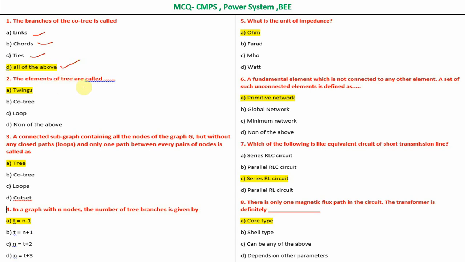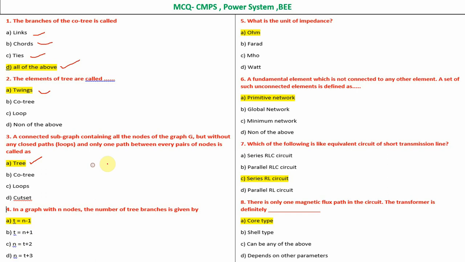Elements of the tree are called twigs. Now next, a connected subgraph containing all the nodes of graph G but without any closed path and with only one path between every pair of nodes is called a tree.